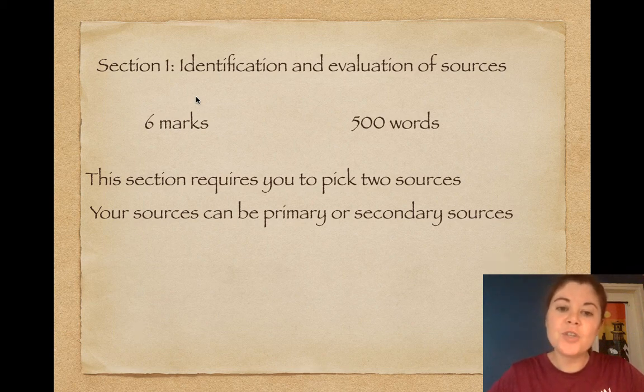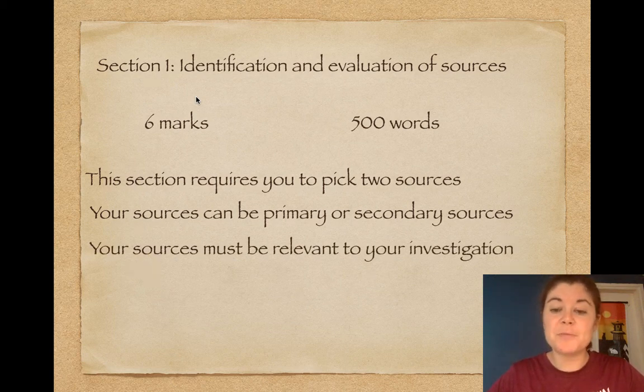So if you choose a primary source and a secondary source, you're going to be able to identify the values and limitations of these sources, and it's not going to sound like you're making the same point again and again. That's what I'd recommend, but it's not a rule.